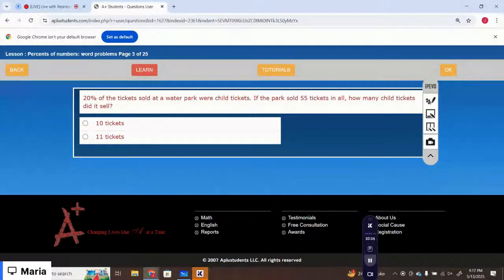The correct option is 11 tickets. Option number 2 is the correct option.